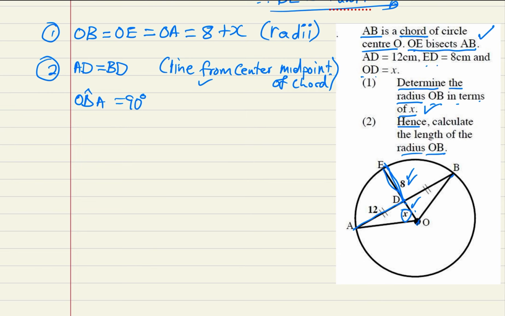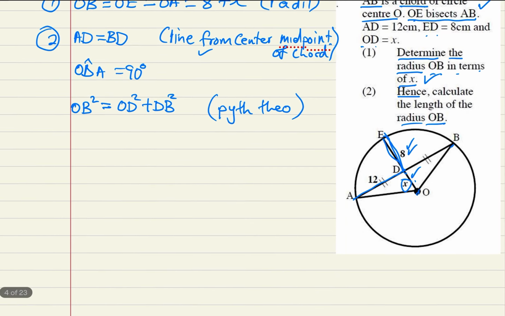Okay, now we can say OB squared is equals to OD squared plus DB squared. This is now a Pythagoras theorem.